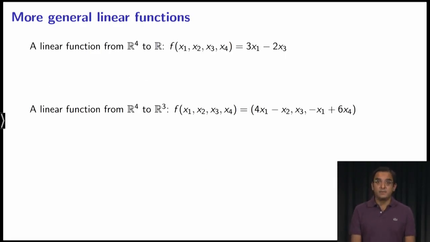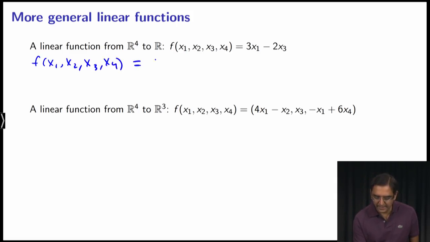Let's see another example of this and then generalize a little bit. On top over here we have a function that takes a 4-dimensional vector, x1 through x4, and returns a linear function of these 4 features. Let's see what we have here. We have f of x1, x2, x3, x4, and let's go ahead and write it as a dot product.